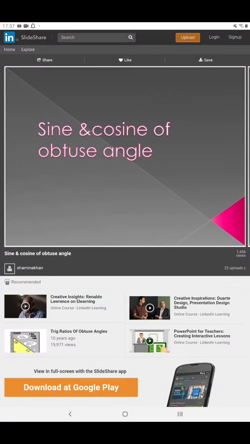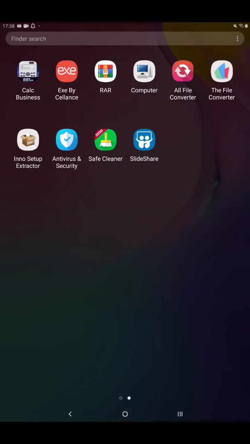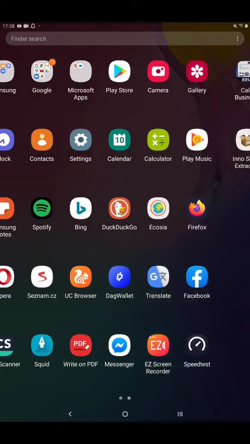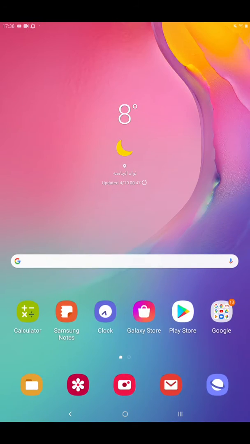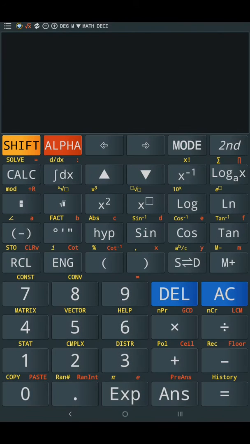Okay, I will go to my calculator. This is my calculator. The question was, find cosine 30.